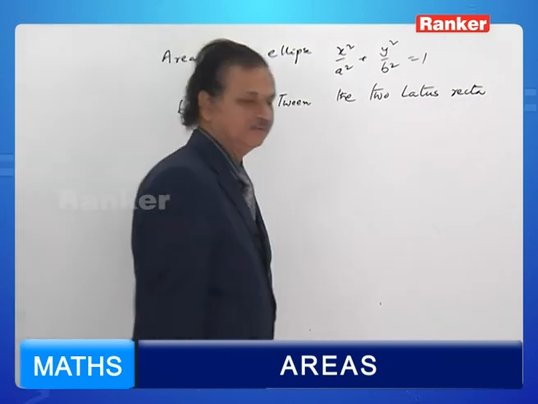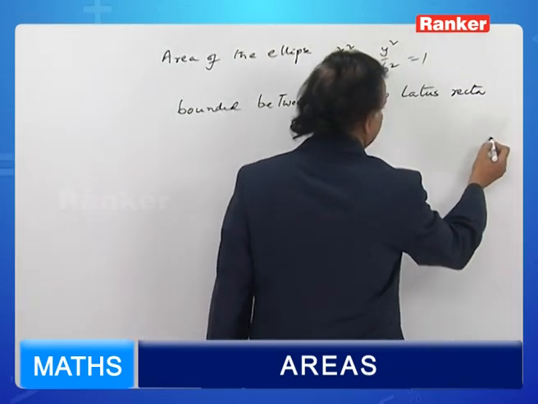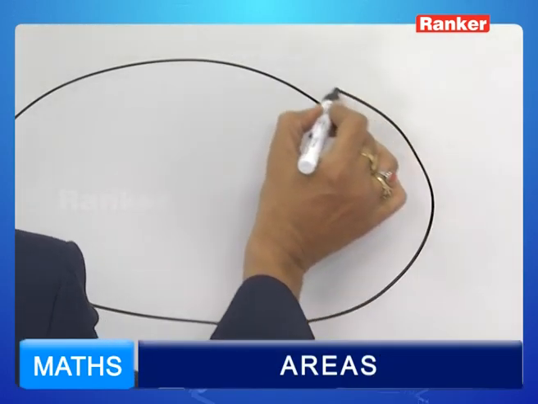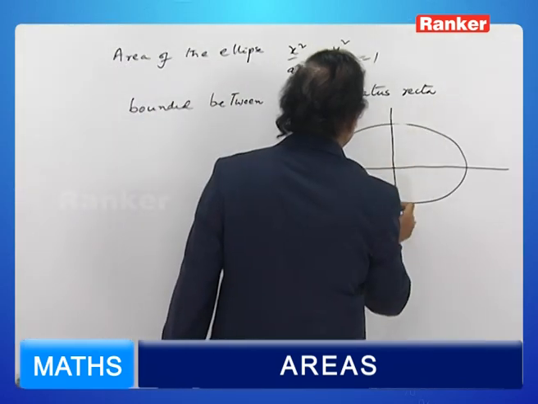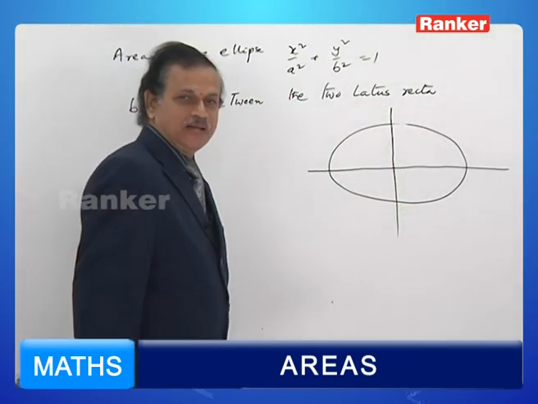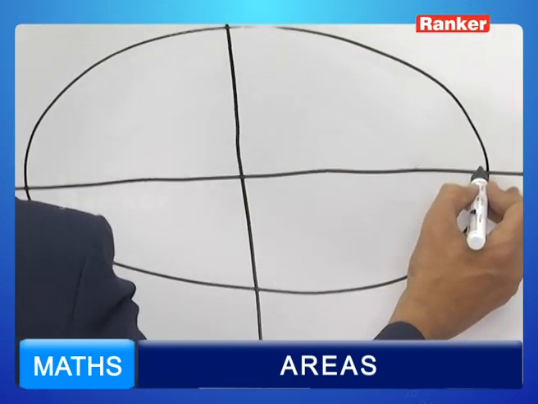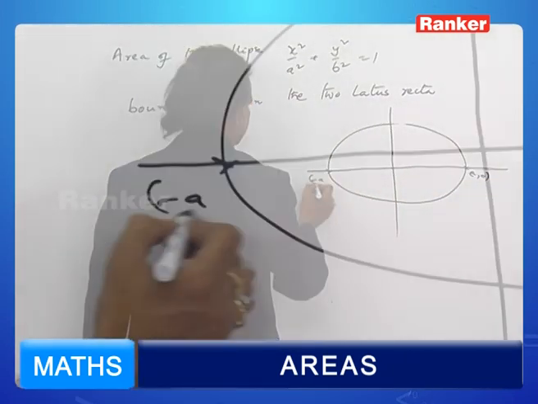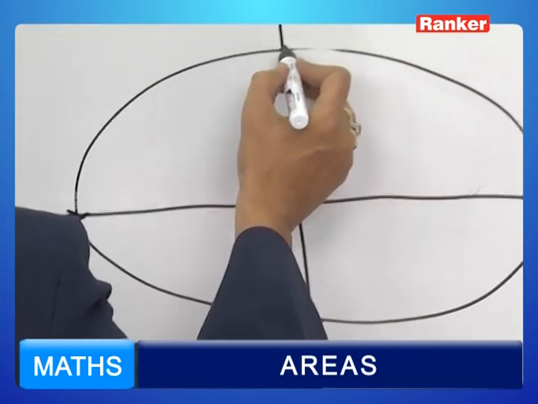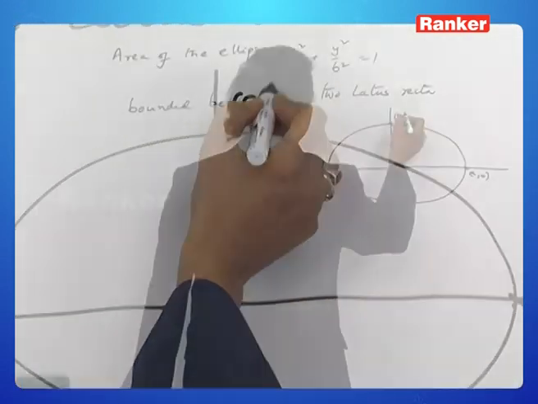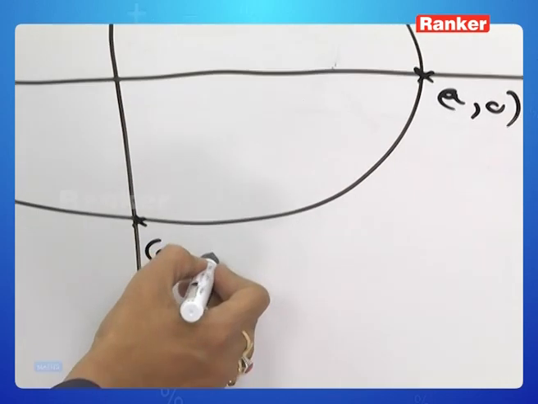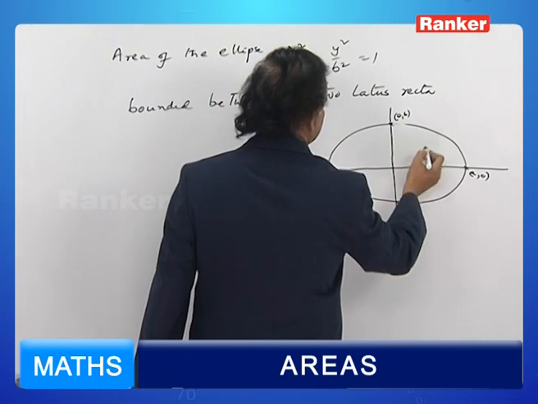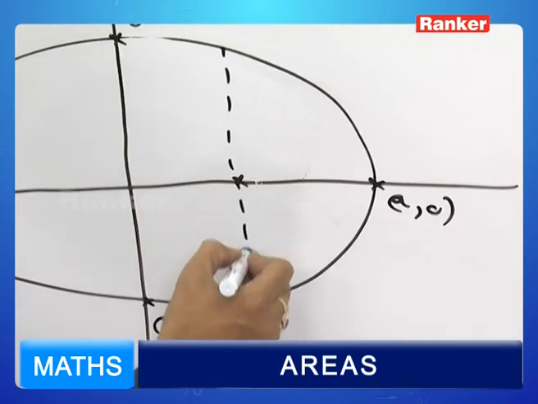What is the area? Let us have the figure. Observe the ellipse. This is the major axis. This is the point A, 0 and this is the point minus A, 0. These are the ends of the major axis, and this is one end of the minor axis, 0, B, and another end of the minor axis, 0, minus B. Somewhere else here is the focus, and this is the latus rectum.